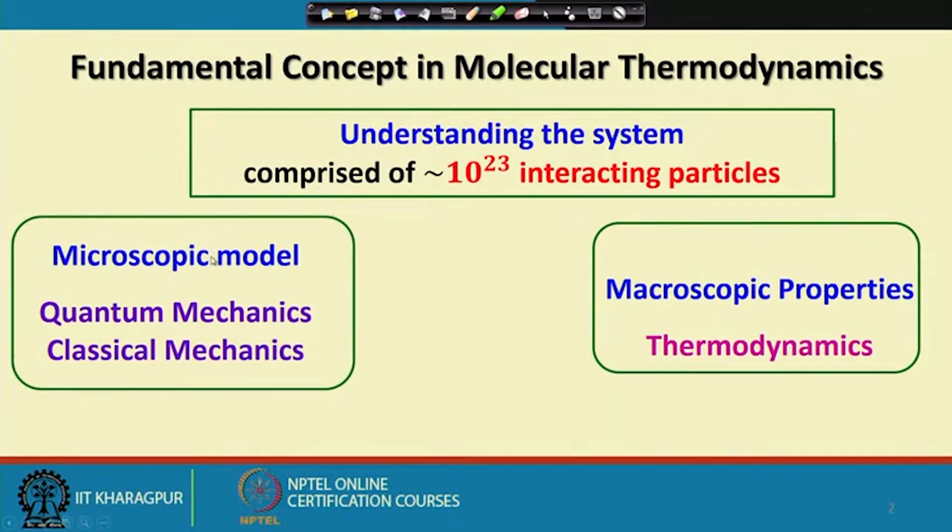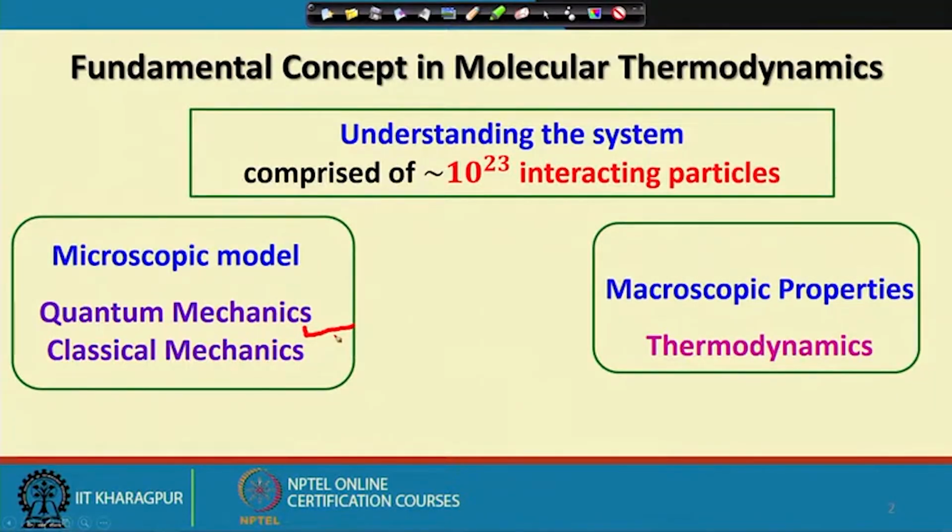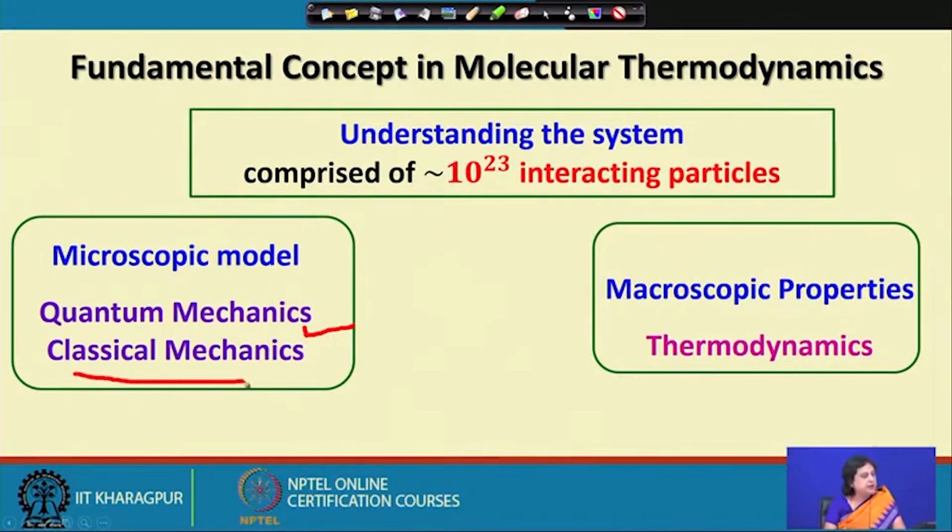And as we have mentioned before, in general, most of the systems are modeled in terms of quantum mechanics. For example, if you are interested in molecular systems, you are going to use quantum mechanics without fail. But there are certain cases where the description of classical mechanics to develop the microscopic model is also found to be extremely useful.